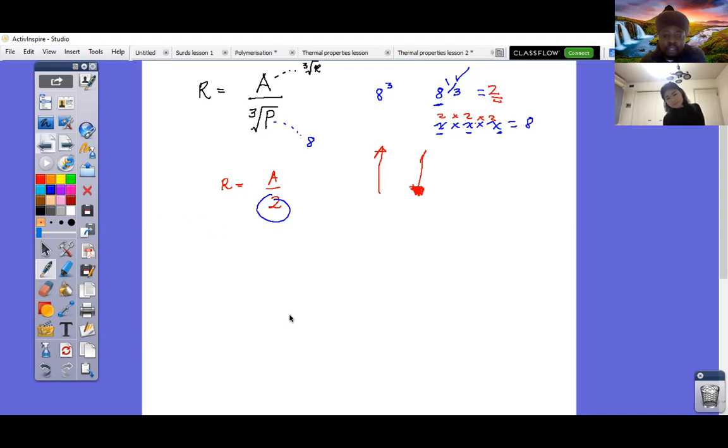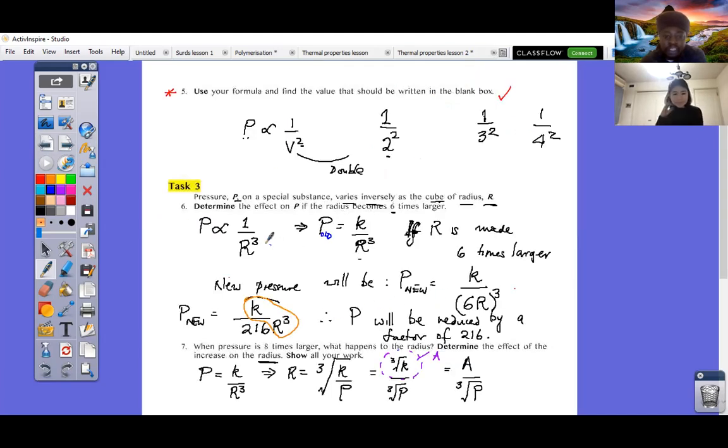And if you go back to your original formula here, P equals K over R cubed, if you halve this, you're going to get (R over 2) cubed because you've halved it. You're going to get K over R cubed over 8. And this 8 is then going to multiply the pressure, which is going to increase the pressure 8 times. Did you follow that? Yeah. Good. Okay.